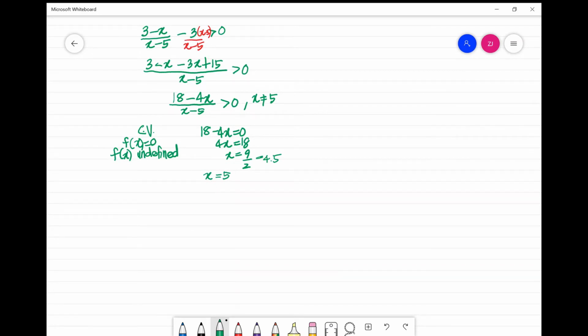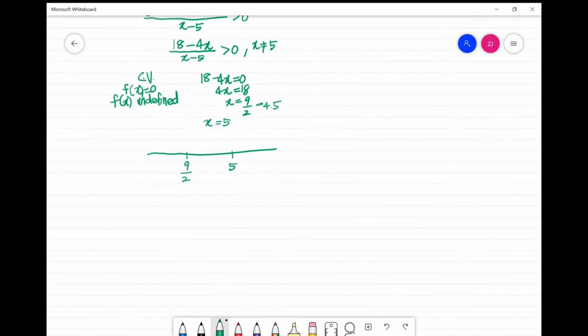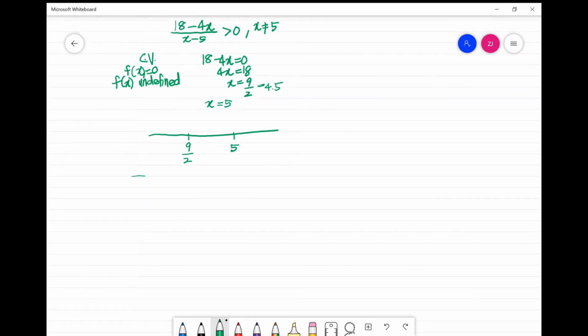After we get the two critical values, we arrange them on a number line. 9 over 2 comes first before 5, and then we draw the table. Since we have two critical values, we will have three different regions: negative infinity to 9 over 2, 9 over 2 to 5, and 5 to infinity.